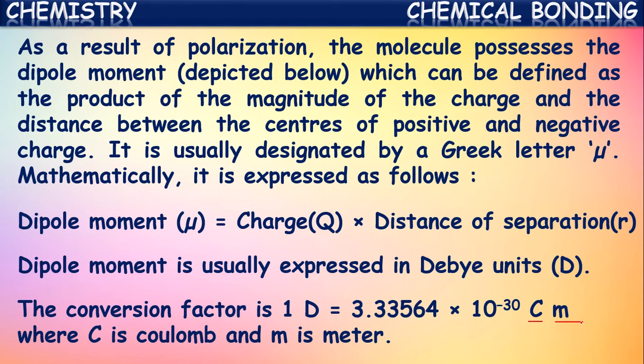So by this polarity creation in the covalent bond, polarity in the sense of what we said: when two dissimilar atoms participate in covalent bond formation by sharing a pair, that shared pair of electrons is unequally shared between the two atoms. One of the atoms attracts the pair of electrons towards it much more than the other one. So this results in polarization in the bond. So this polarization creates dipole moment.